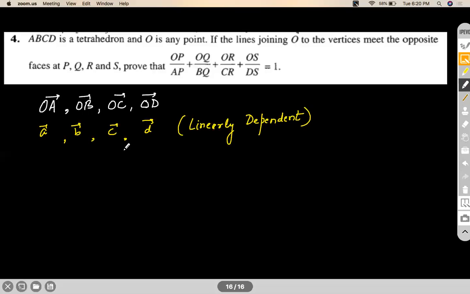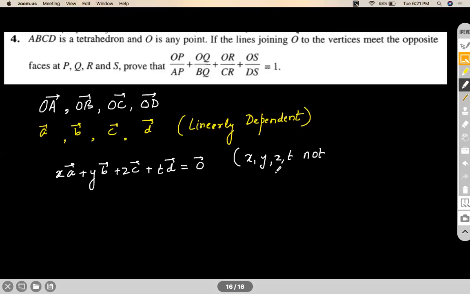That means one can be expressed as a linear combination of the other three. That means there would exist scalars, not all 0, such that this can be expressed as a null vector. This is the very definition of a system of vectors being linearly dependent.